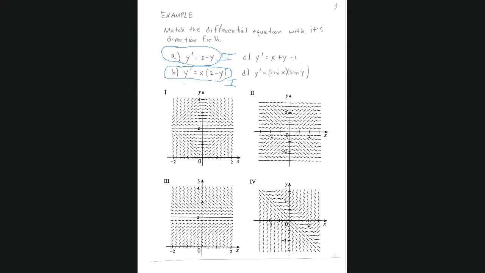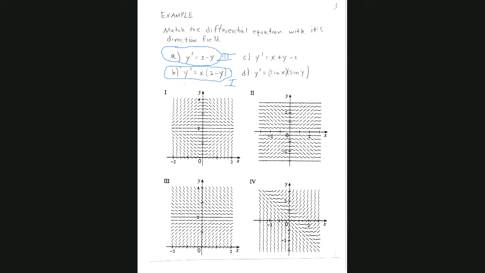So if we substitute x equals 0 into our differential equation in B, we're going to get y prime equals 0 there as well. So for differential equation B, the derivative will be equal to 0 when either x is 0 or y equals 2.